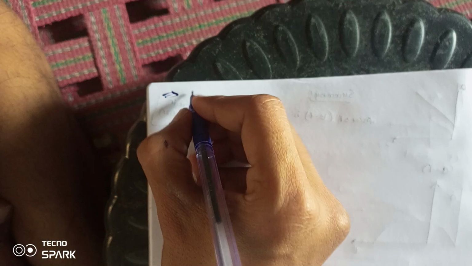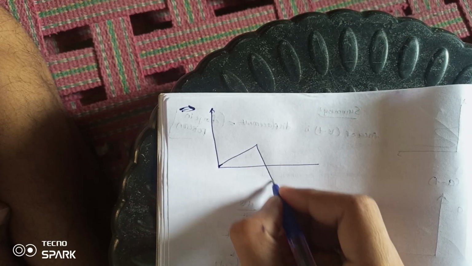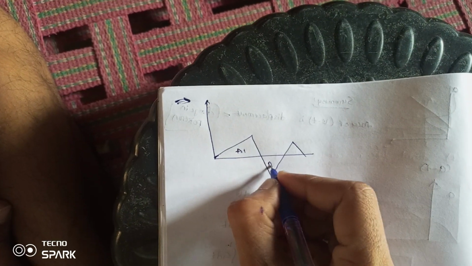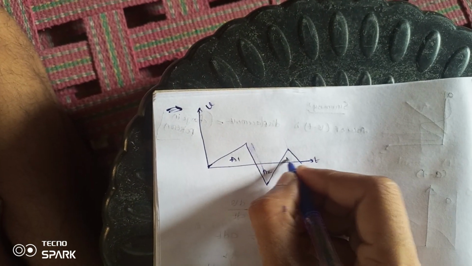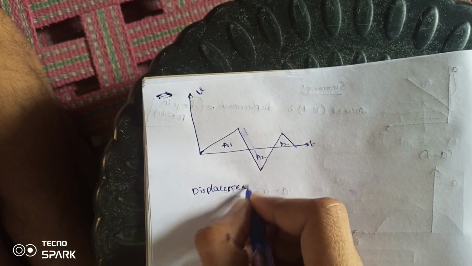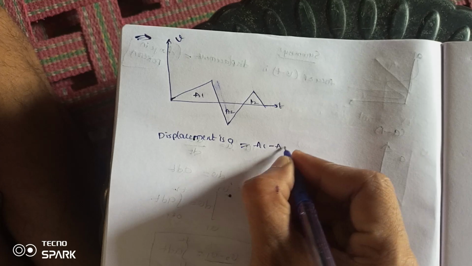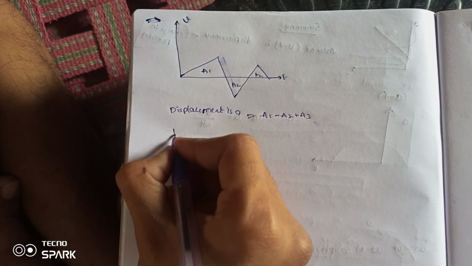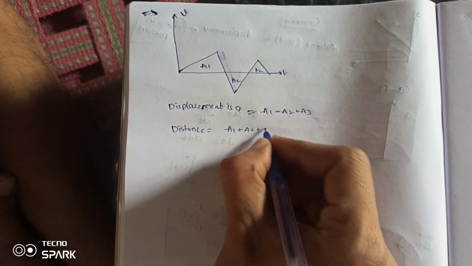And next, a small discussion about displacement and distance in terms of areas. Suppose I draw a line with a1 area 1, a2 area 2. It is the velocity and time graph. With a1, a2, a3, the displacement is area 1 minus area 2 plus area 3, and distance is a1 plus a2 plus a3.